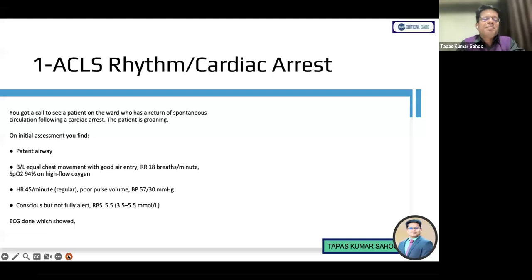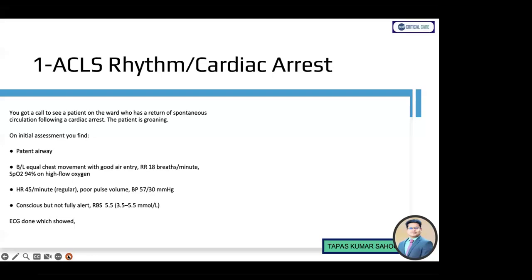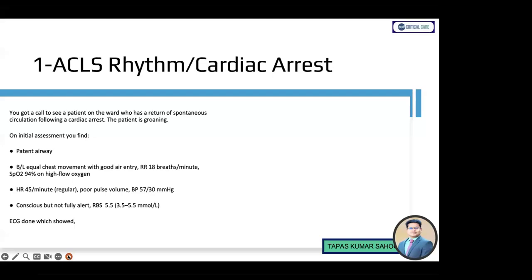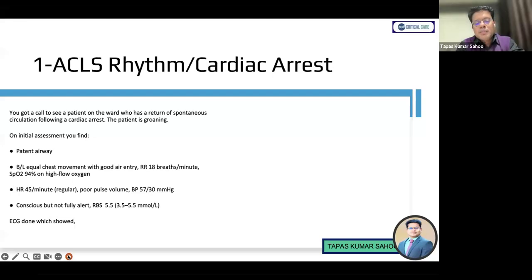RBS is 5.5. The normal range they may mention in the question, or you may have to calculate it on your own. So one clue from the very beginning: you have to remember some of the conversion factors like RBS, PaO2, PCO2 from kilopascal to millimeter mercury. Then you also have to convert from milligram per deciliter creatinine and urea to millimole per liter. So there are some conversion factors you have to remember, you have to mug up.